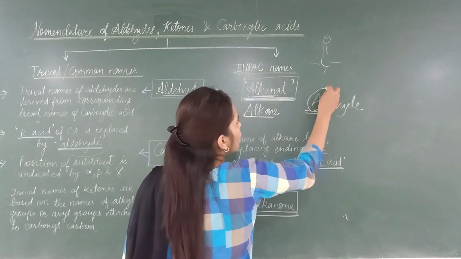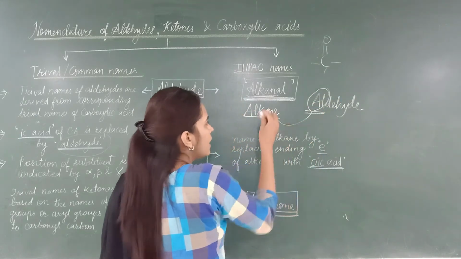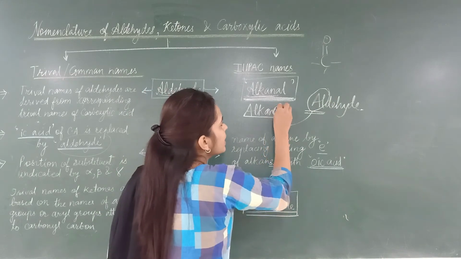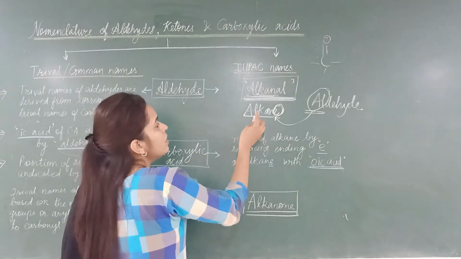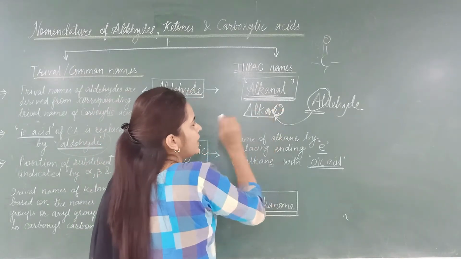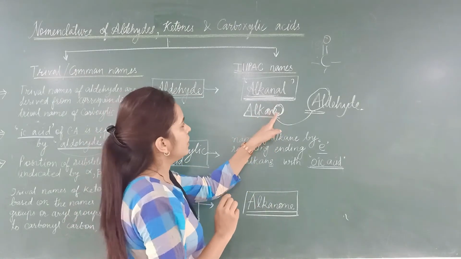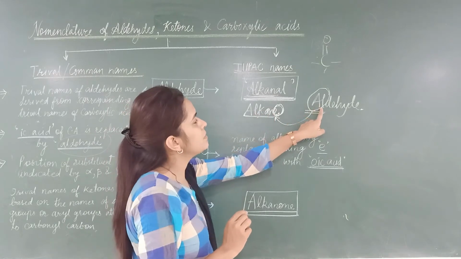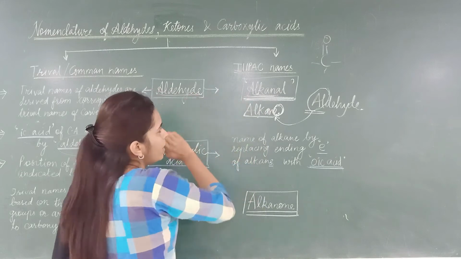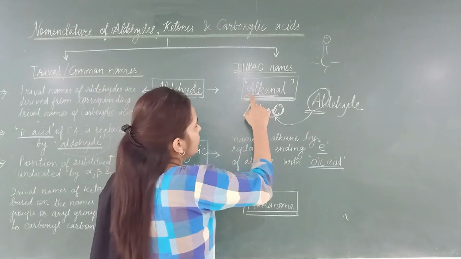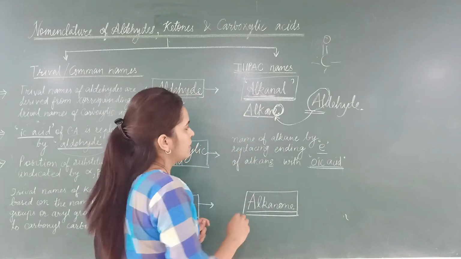The Al of aldehyde is joined with alkane by replacing the E of alkane with Al. What are we doing here? The E of alkane is replaced by Al, as it is the IUPAC name for an aldehyde. So the name will be alkanal.